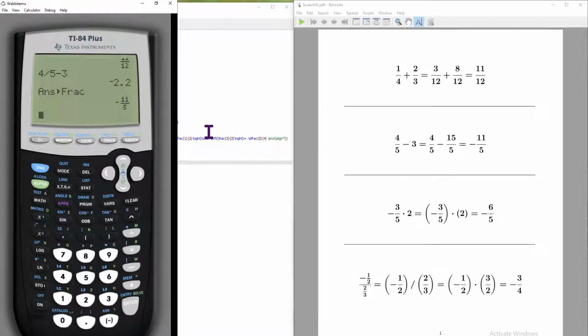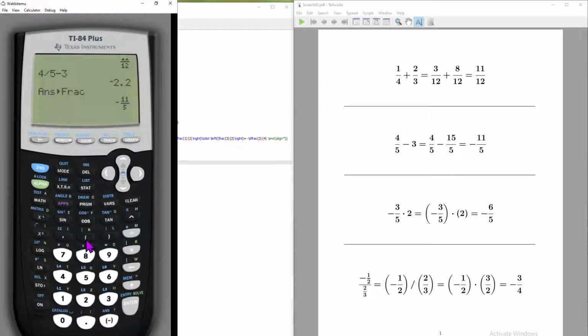Okay, multiplication and division of fractions, here we have to be a little bit more careful. If I'm trying to do -3/5 times 2, technically I can just do it like this for multiplication. This one isn't bad, but to be extra careful anyway, I should put in extra parentheses to indicate which fractions go together. So this whole thing is a single fraction, and this is another fraction that goes together.